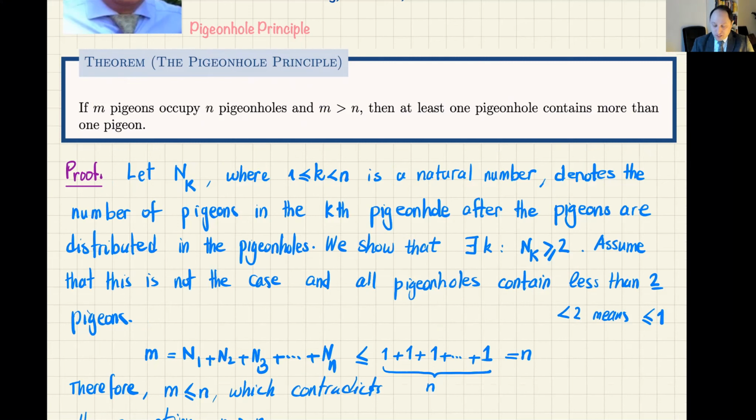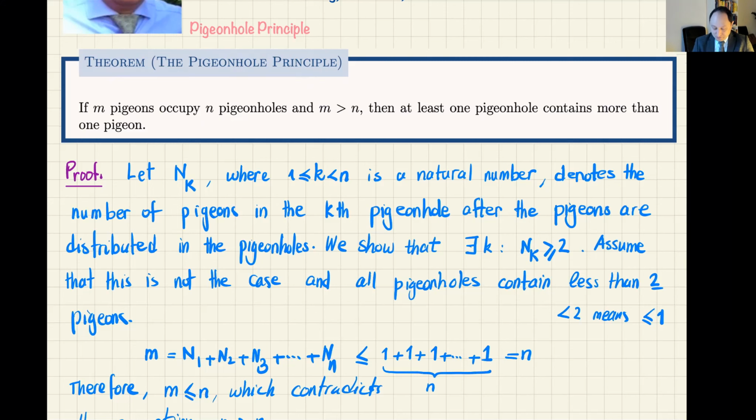If I have, for example, 15 marbles, and only 14 boxes, and I want to distribute these marbles into these boxes, it is completely clear that there is at least one box containing more than one marble. Yes, it's so trivial. Any questions so far?